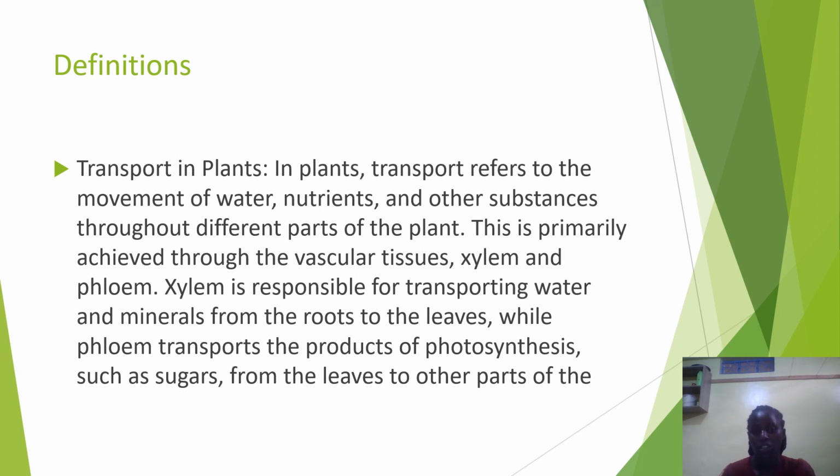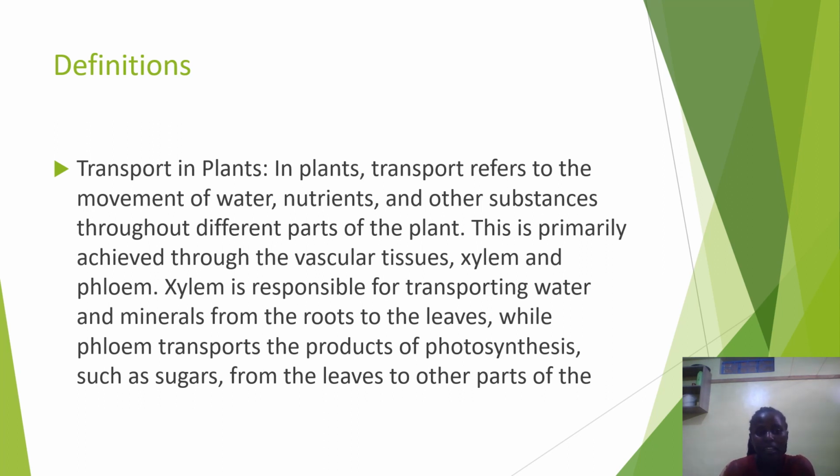Sugarcane, we feed on its stem. So through that stem is where nutrients, sugar, and other substances are. So plants transport water, nutrients, and other substances throughout these different paths that we have said.